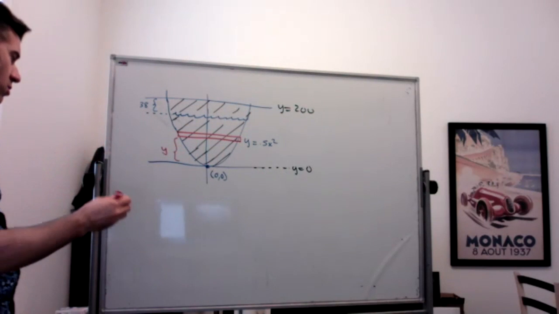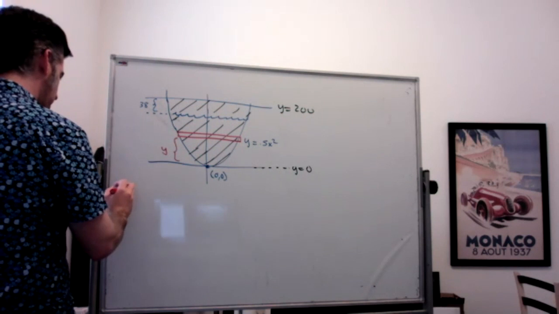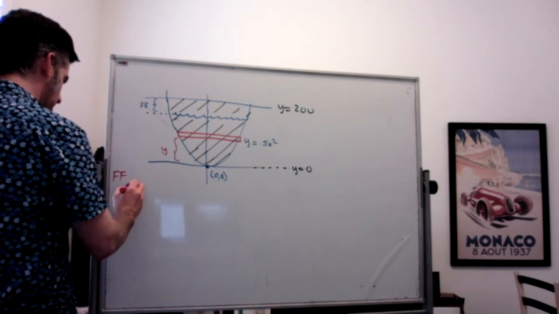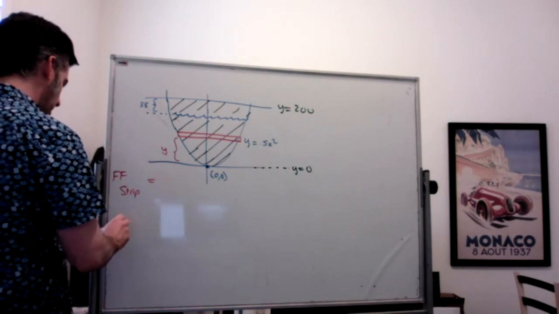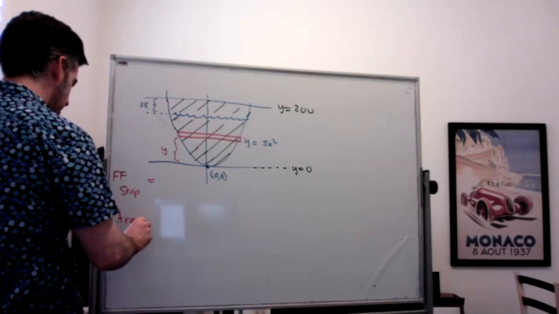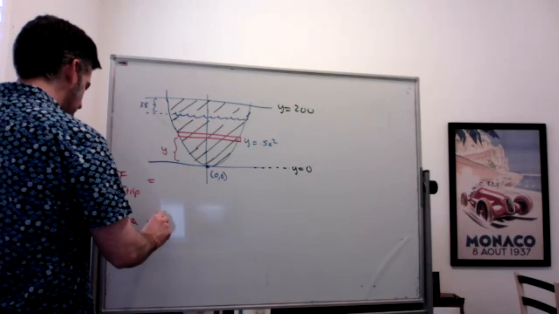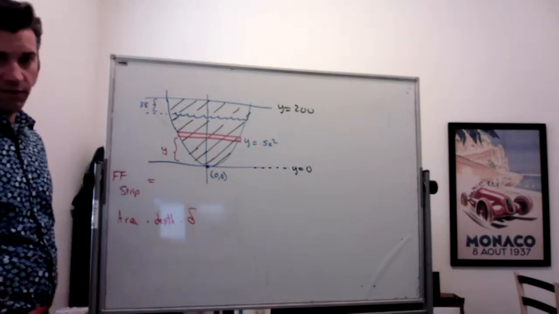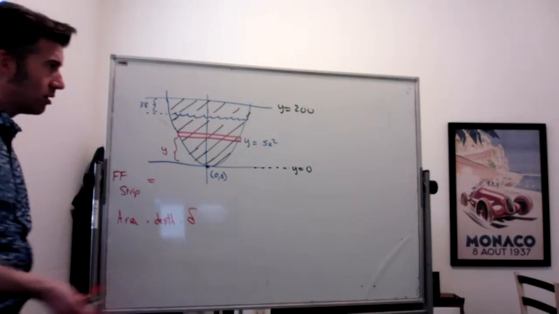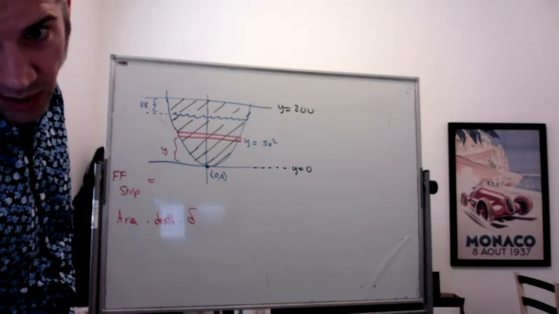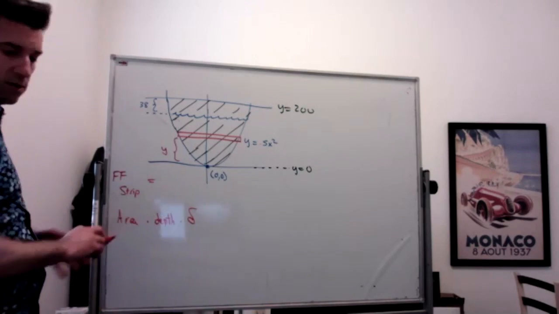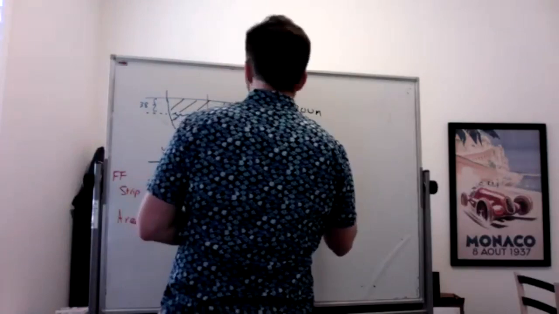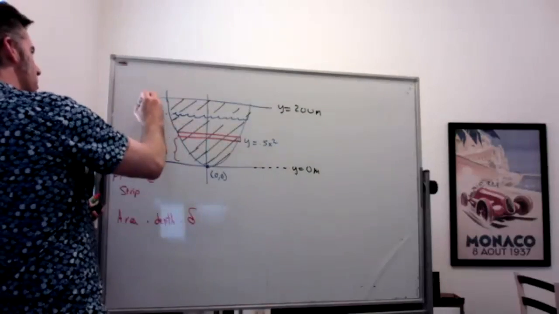And I want to know the fluid force on the strip, which is just going to be the area of the strip times the depth of the strip times the density of the force acting on it, which is water. And sorry, things are measured here in meters. This is 200 meters. This is 0 meters. This is 38 meters below the surface.